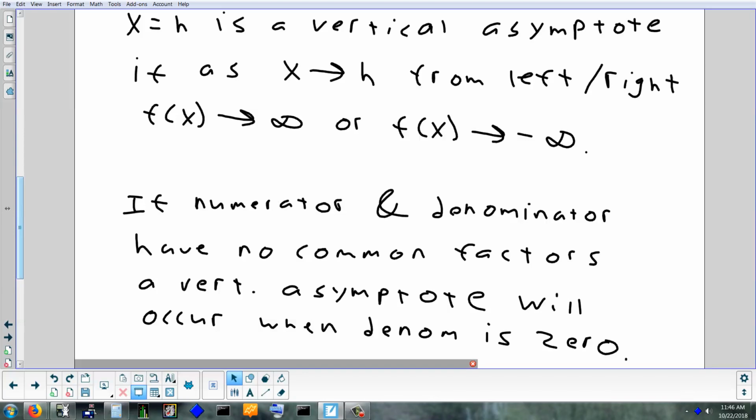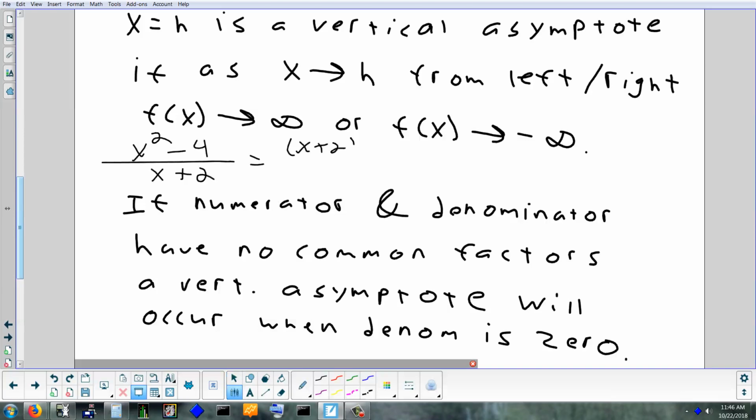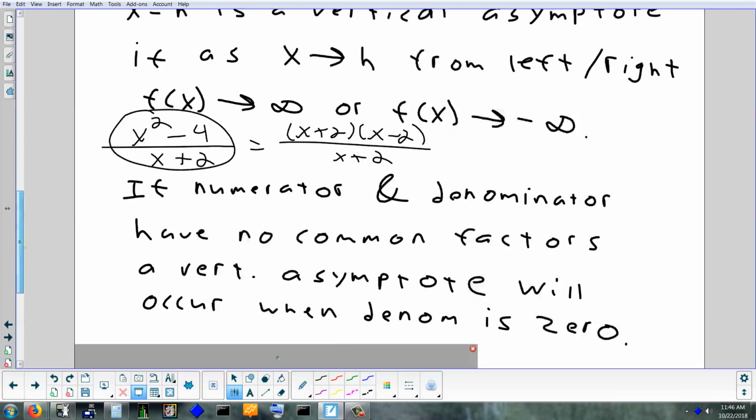If your numerator and denominator have a common factor, so let's say I asked you to graph this. And you said, oh, there's a vertical asymptote at -2. I'd say, well, -2 does make the denominator 0, but the problem is if you factor the top, it factors into one of the factors that's in the bottom, which means you will not get a vertical asymptote, you will get a hole at -2 if you sketch that. Okay, so as long as there's no common factors, asymptotes always occur where the denominator is 0.